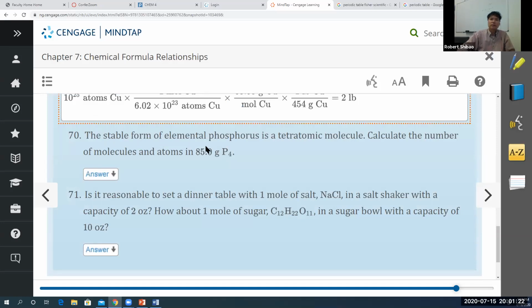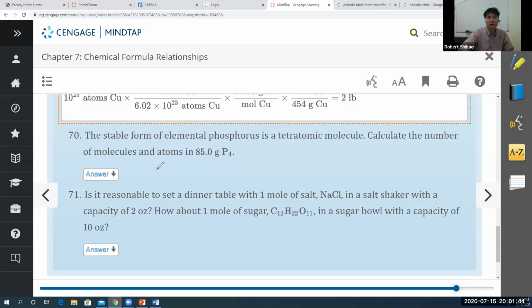The stable form of elemental phosphorus is a tetraatomic molecule. Calculate the number of molecules and atoms in 85.0 grams of P4. All right, now this becomes a little tricky about how we do things here, and this is often mixed up by students. So this is the way we're going to do this one.